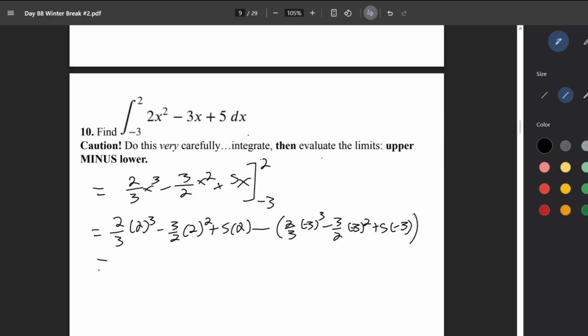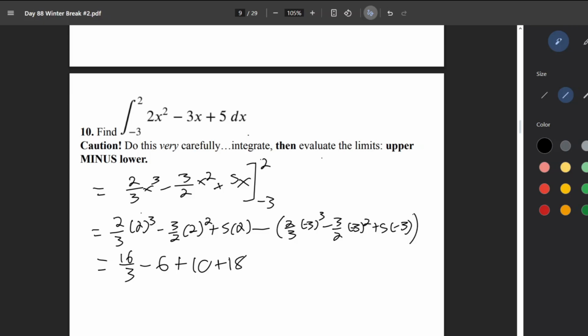So this is 8. 8 times 2 is 16 over 3. And this is 4 times, this would be negative 6 plus 10. Remember sign switch here, so this would be negative 27 times 2 would be negative 54, or 3, that's negative 18, so it would be plus 18.